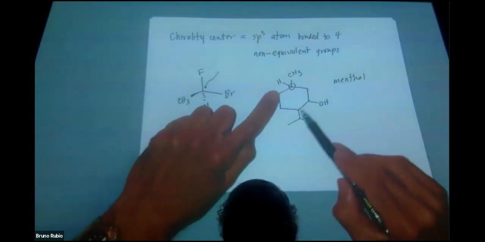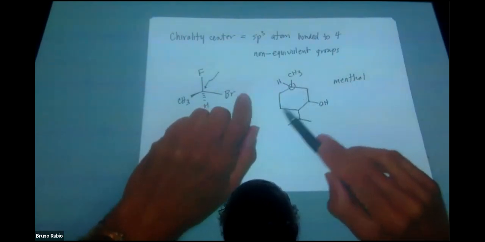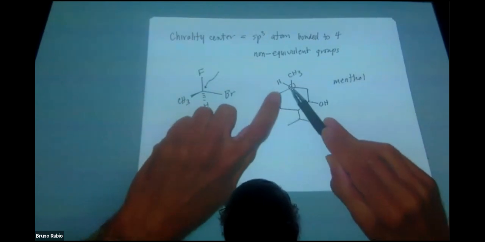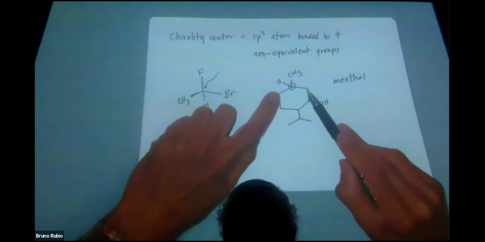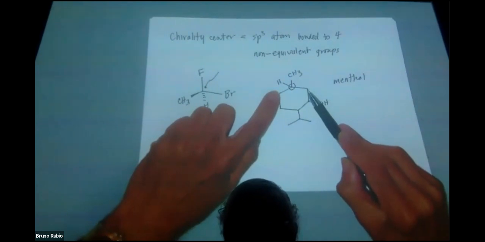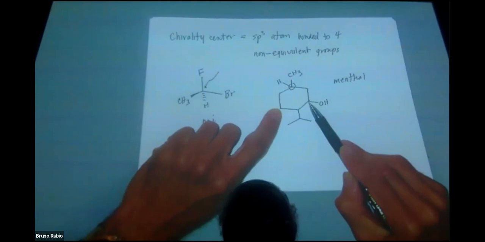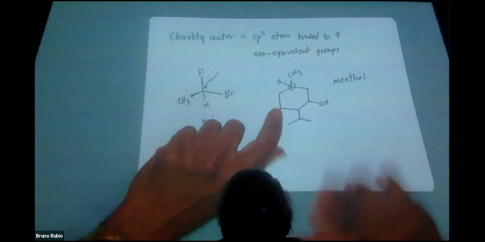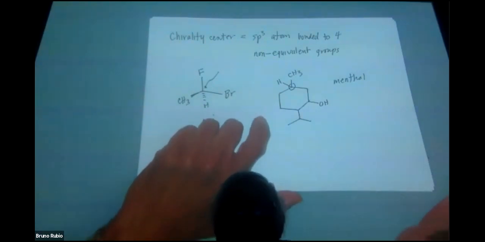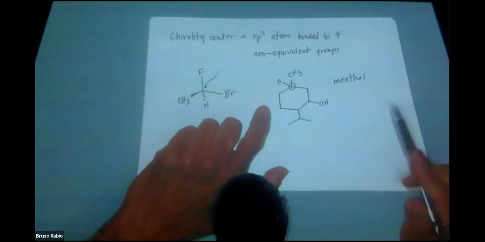Is this road equivalent to this road? It is not. CH, jump out 1 carbon, you hit CH2, keep going. You hit CH2, and now you hit something that's not a CH2. Right, so even if you have to jump out 1,000,000 atoms to establish the non-equivalence of those 4 groups, you must do so.